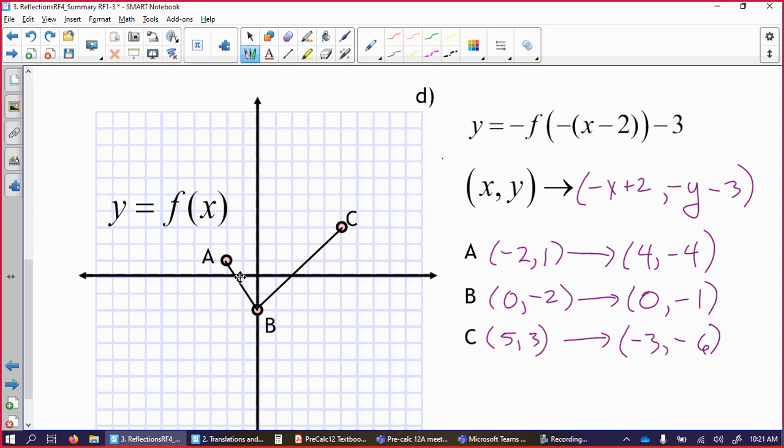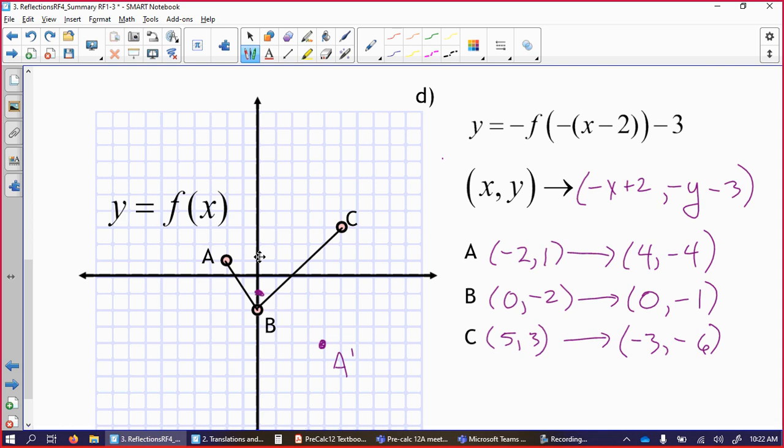All right. Now we need to plot 1, 2, 3, 4. 1, 2, 3, 4. We've reflected it over here. We've reflected it down there. We moved it over 2 and down 3, reflect, reflect, over 2, down 3. Yeah. A prime 0 and negative 1. We reflect in the x or in the y-axis.